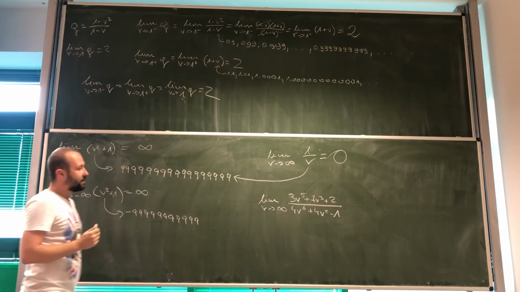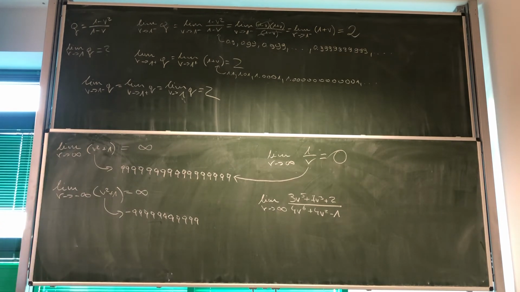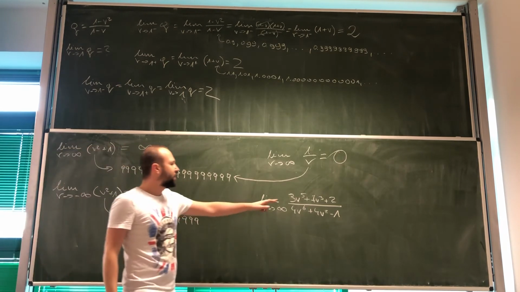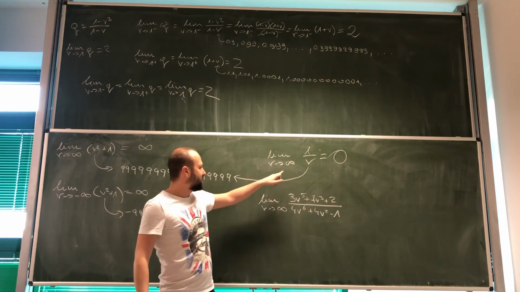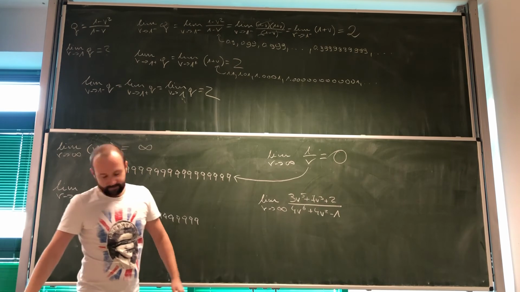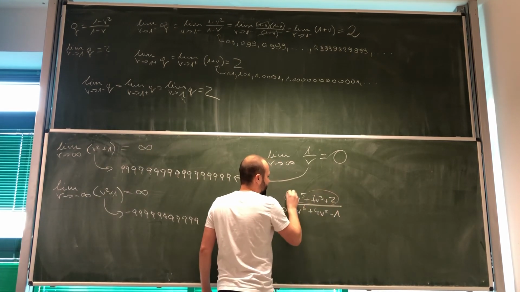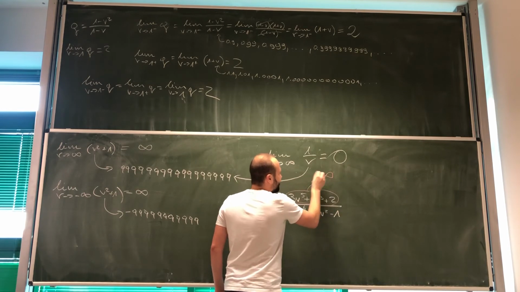Okay, look, here there is one very tempting thing you could do. Look, we clearly see that as v approaches infinity, this expression gets bigger and bigger and bigger. It is going to infinity, right?